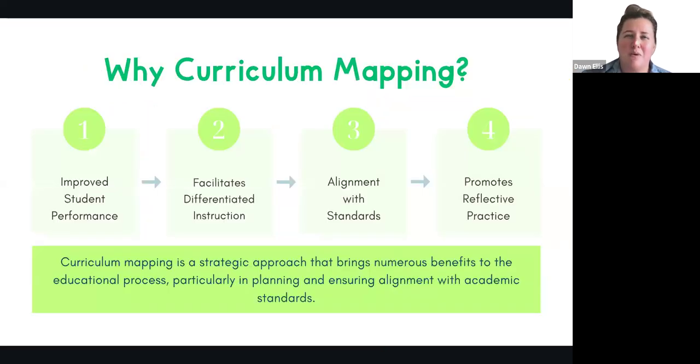So maybe you're thinking, why do I even need to do a curriculum map? That's a very good question. Here are four benefits of having a curriculum map and why doing it now will be so imperative in having a successful year as a special education teacher. It not only improves student performance, but it allows you to facilitate a differentiation of instruction of those standards.